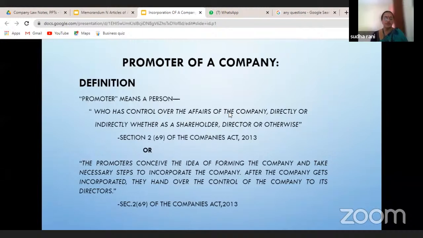There is another definition also given in the Companies Act 2013. The promoter conceived the idea of forming the company and takes the necessary steps to incorporate the company. After the company gets incorporated, they hand over the control of the company to its directors.